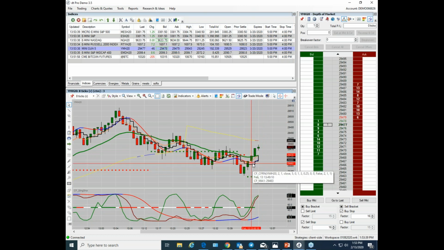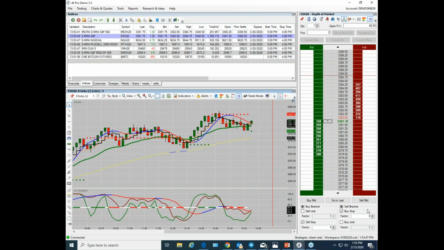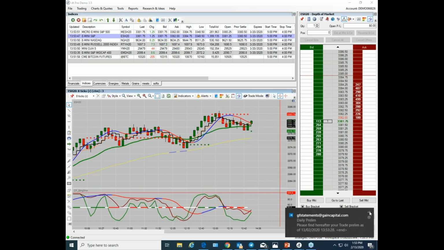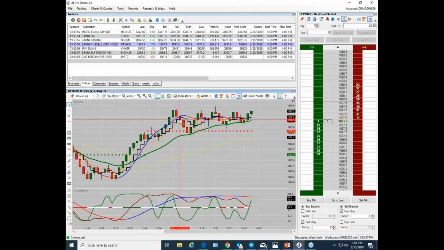Let's see if the ES offers us anything on that same 8-tick range. No, it does not, and I've got things popping up all over the place. So nothing really going on with the ES on that time frame. And here, thank gosh, the Russell is sideways. I'll never trade that.